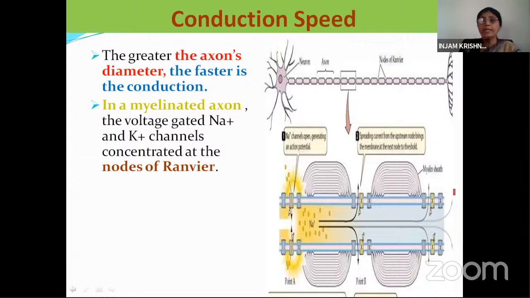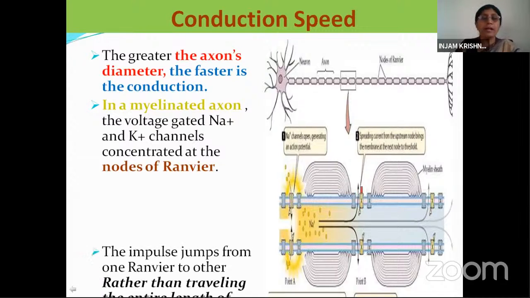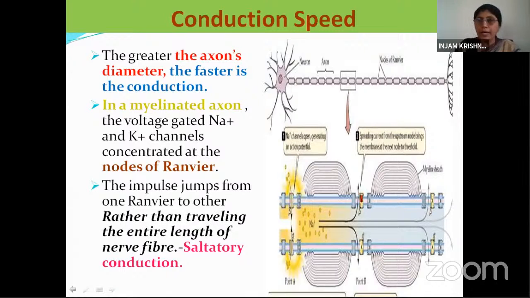This is the myelin sheath, wrapped around the axon. The gaps between these myelin sheaths we call the nodes of Ranvier. You know it. So the voltage-gated channels are located here, at the nodes of Ranvier.